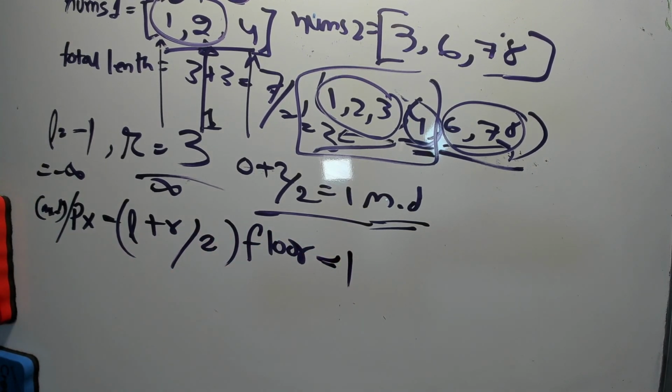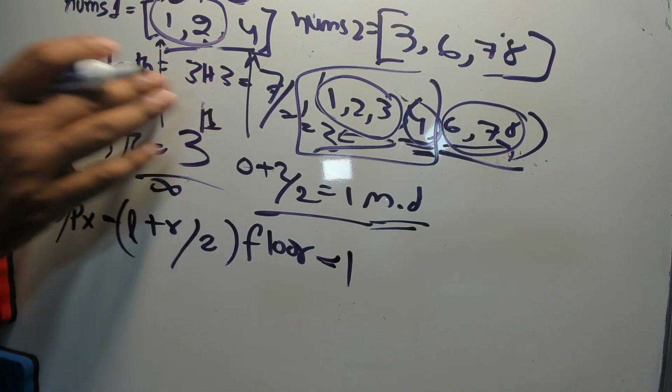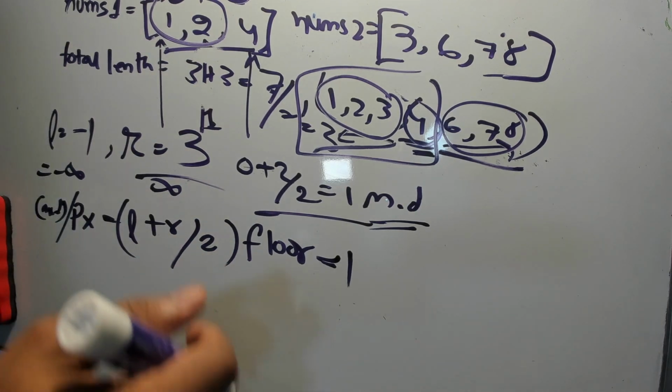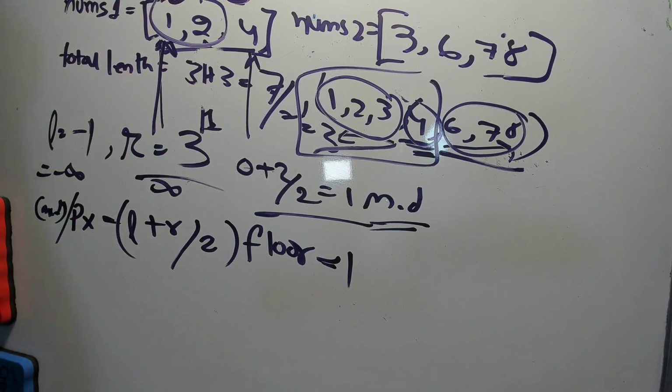So we consider we are picking 1 item. Just forget about index, consider it as a number of items. We can say that we picked up only 1 item. And then what will be the number of items from the nums2 array?